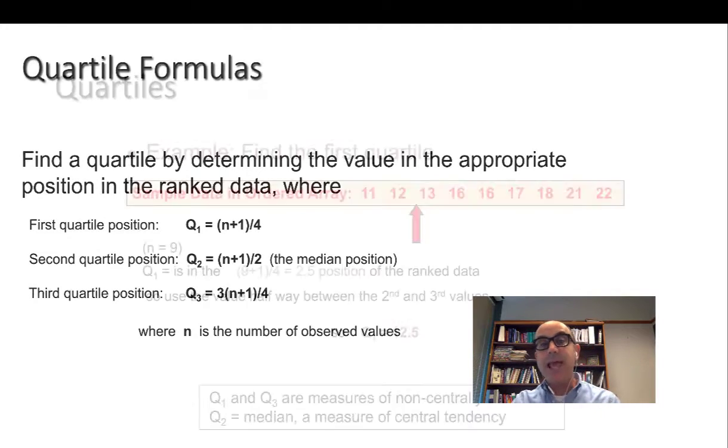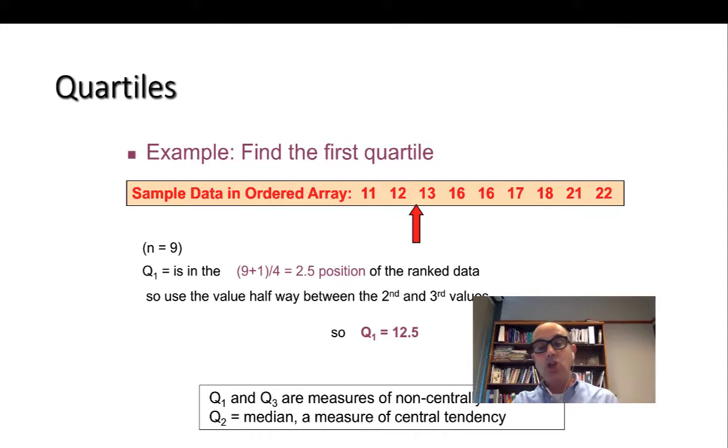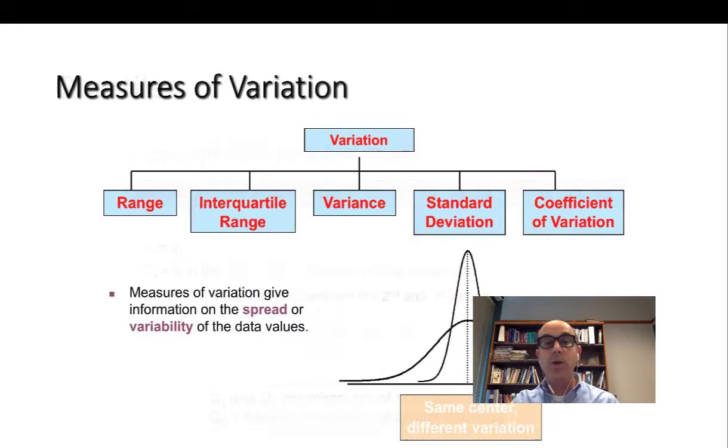So again, for quartile 1, we find the first quartile, and this is what it gives us, a range for how we apply that.